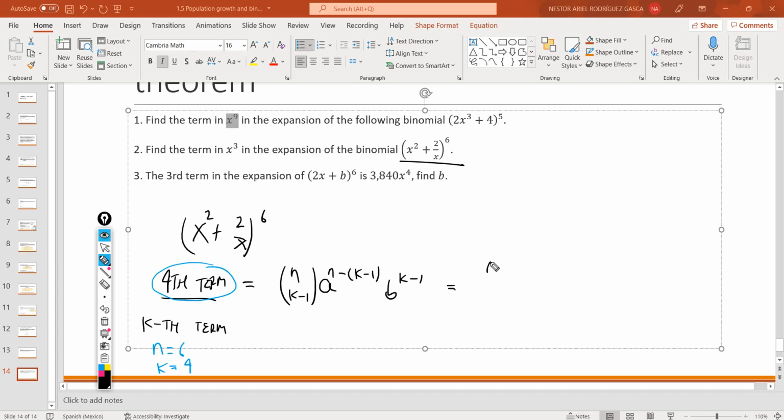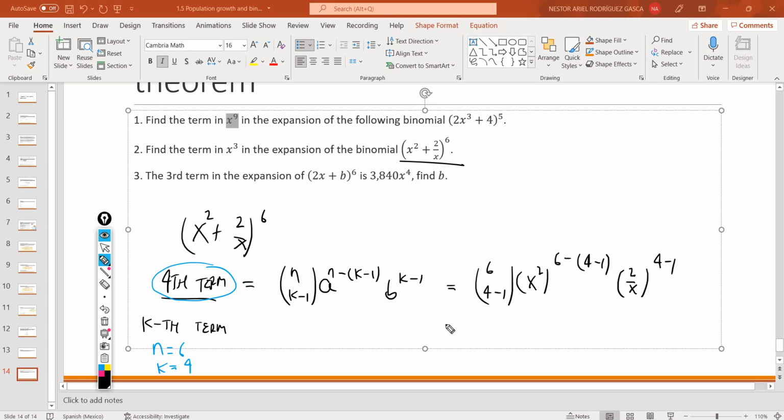So here we go. We get 6, and then 4 minus 1, and then you know the whole thing, right? A is my first number in the binomial, raised to the 6 minus (4 minus 1), and then comes b, which is the second number in the binomial, which is 2 over x, raised to the k minus 1.